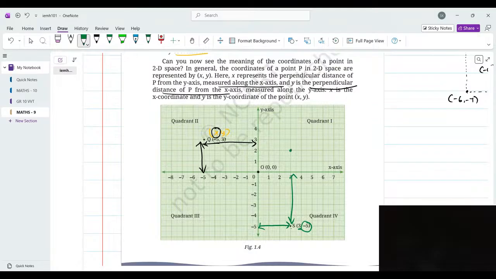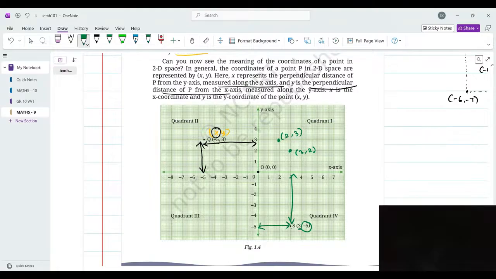This is going to be the point 3, 2 and this is going to be 2, 3. When will the two be equal? Do you think 2, 3 and 3, 2 are the same? Definitely they are not the same. They are representing two different positions.